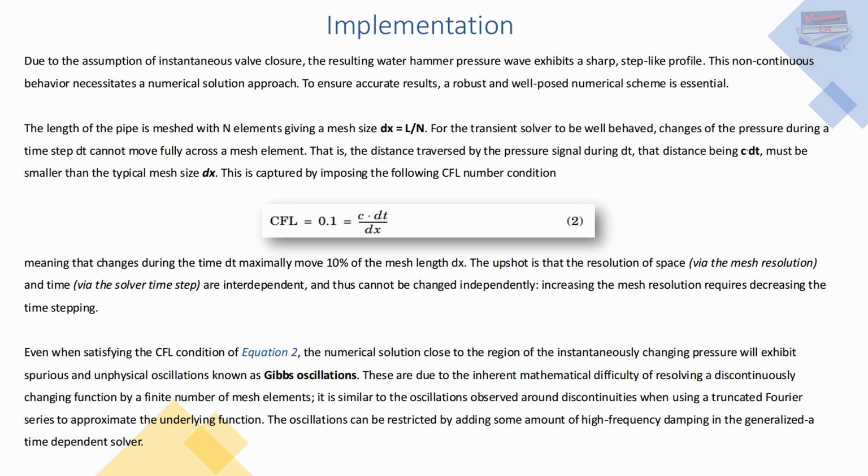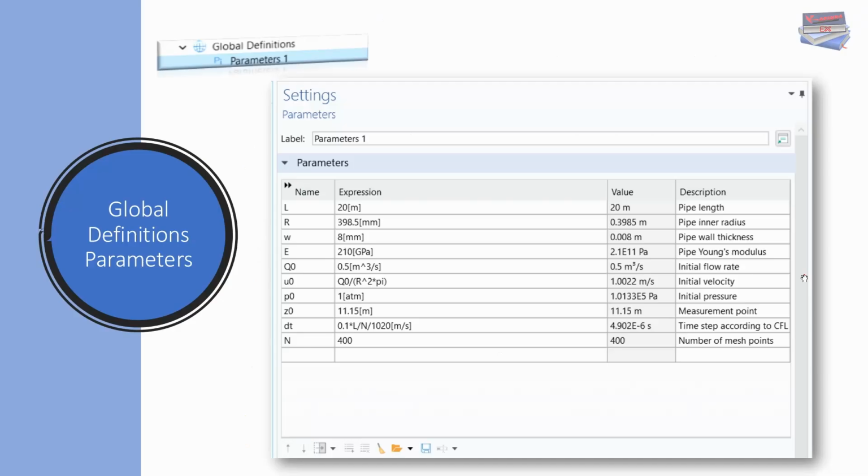Carefully selecting the mesh size and time step and using the appropriate numerical techniques makes it possible to obtain accurate and stable conditions. And for our global definitions parameters, here they are. I'll provide this via a text file, and I'll put the link in the video's description so you can have access to it.